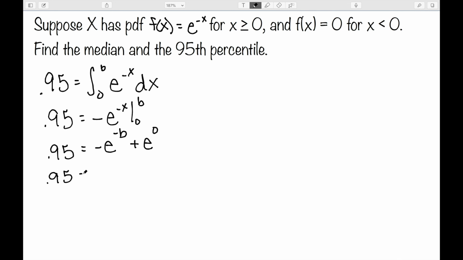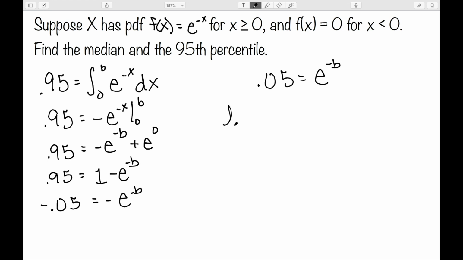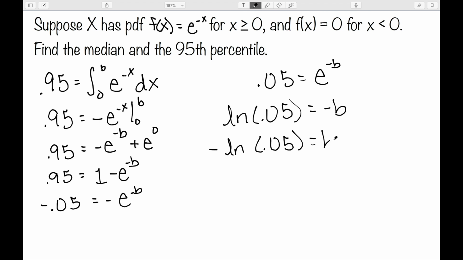So we have 0.95 is equal to 1 minus e to the negative b. We can subtract 1 from both sides, multiply both sides by negative 1, and then we can take the natural log of both sides. We have the natural log of 0.05 is equal to negative b, or negative ln of 0.05 is equal to b. So in this case, we get 2.996 to be the approximate value of b, so our 95th percentile occurs at approximately 2.996.